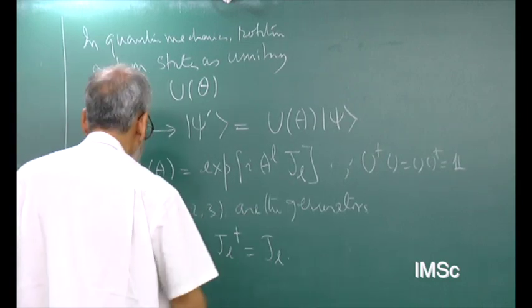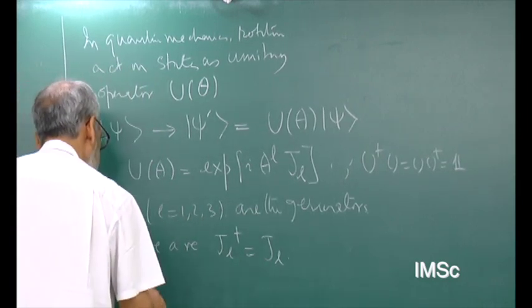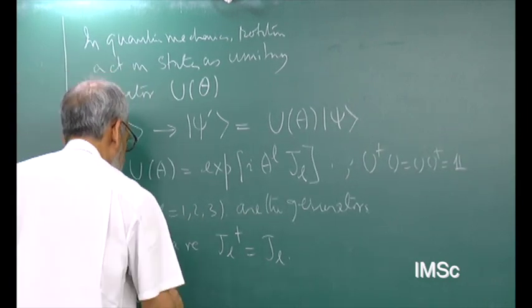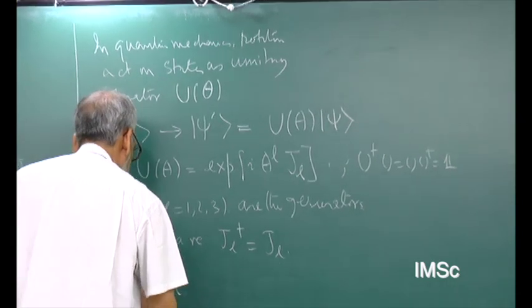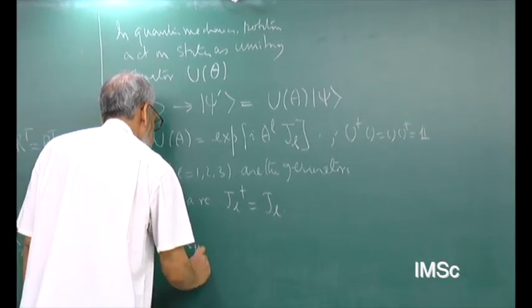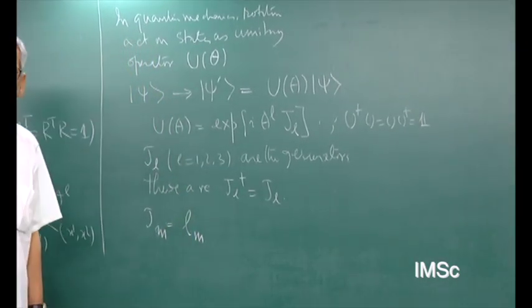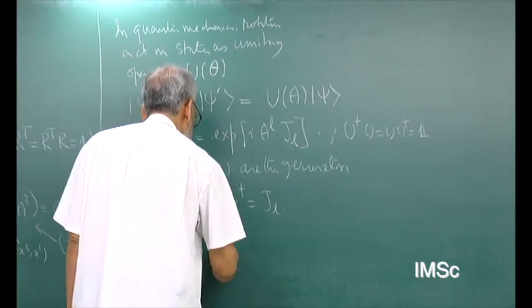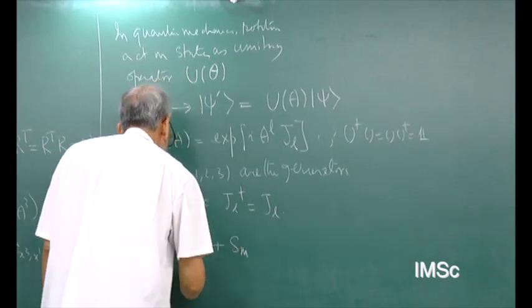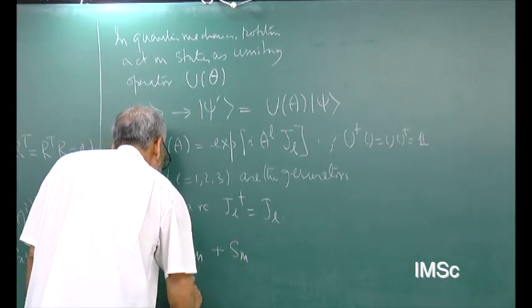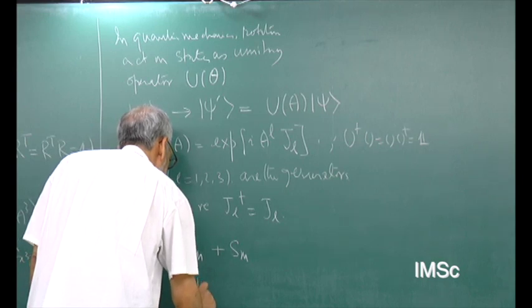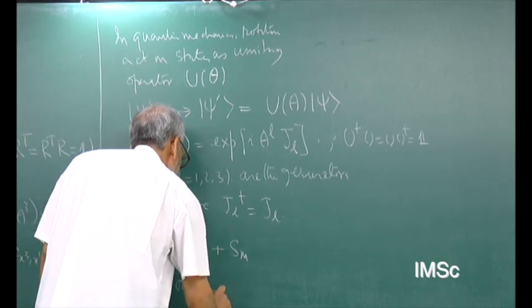Now, what are these generators J? J_l are made up of regular orbital angular momentum, let me call it L_m, plus spin.